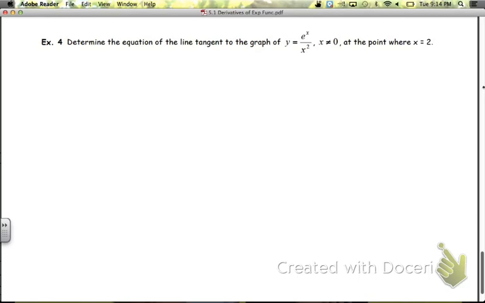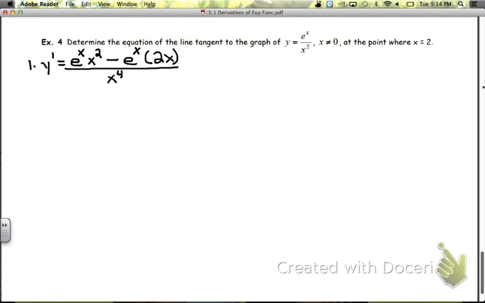So number 1, we want to find the derivative of y, which is equal, we're going to use a quotient rule here, e to the power of x times x squared minus e to the power of x times 2x all over our denominator squared, so x to the power of 4.